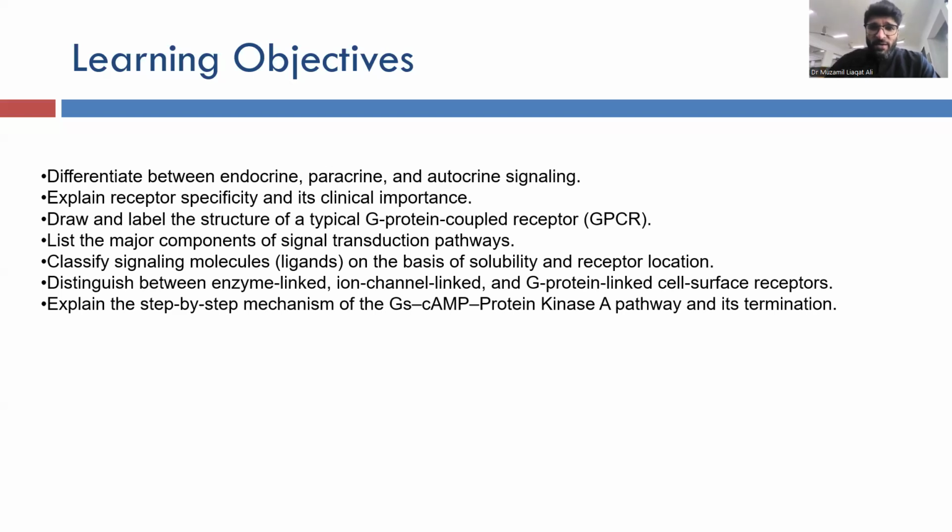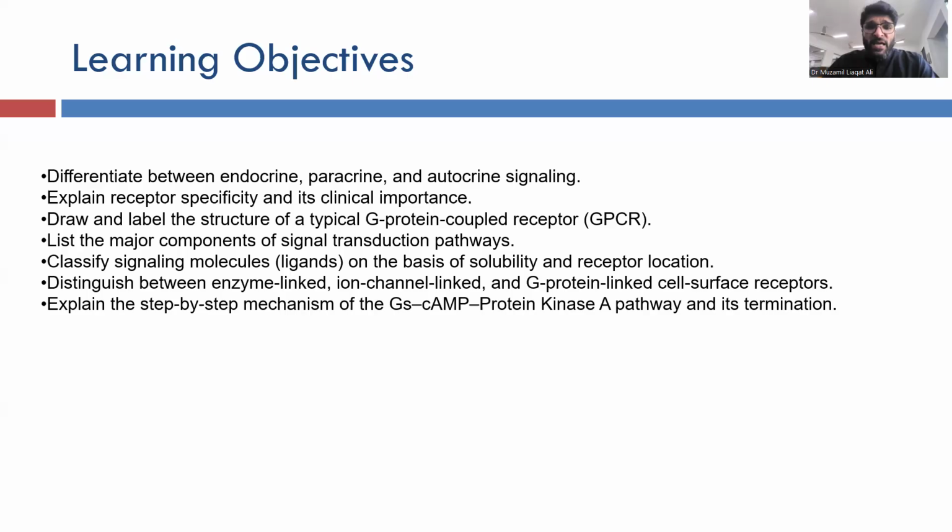Describe the general features of the chemical messengers and receptors, differentiate between endocrine, paracrine, and autocrine signaling, explain receptor specificity and its clinical importance, draw and label the structure of a typical G-protein coupled receptor, the GPCR, list the major components of signal transduction pathways, classify signaling molecules, the ligands, on the basis of solubility and receptor location, distinguish between enzyme-linked, ion channel-linked, and G-protein cell surface receptors.